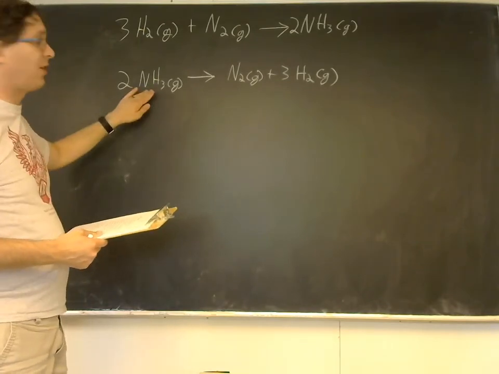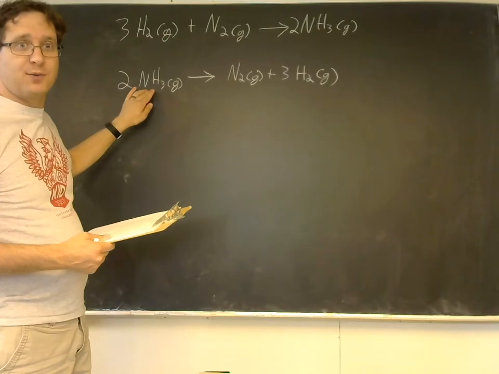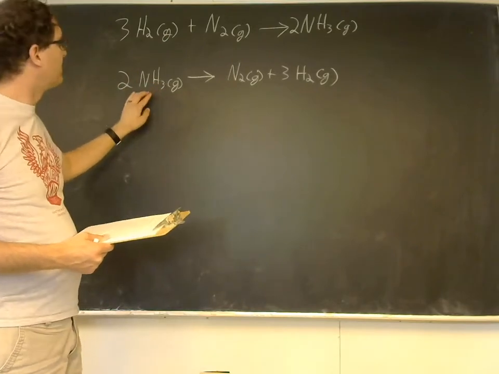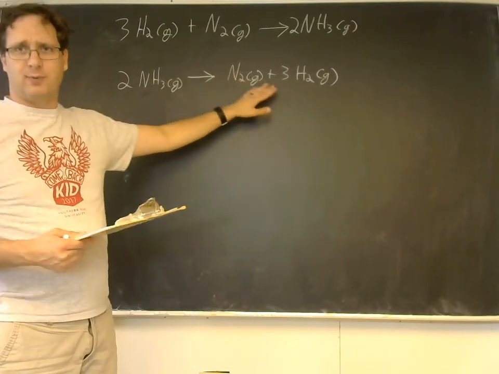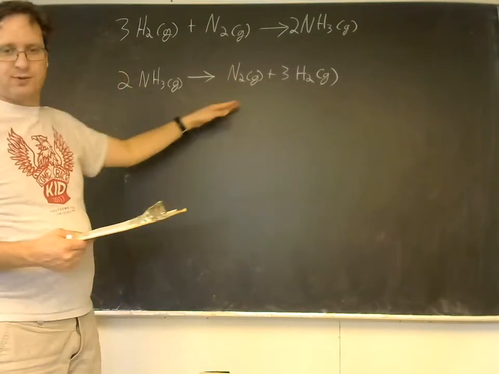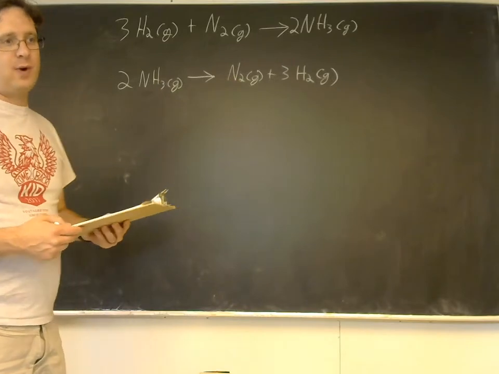Now similarly, we can consider the rate of this second reaction. If we start with a lot of ammonia, then that reaction rate will be fast. As that reactant gets consumed and we build up product, then the rate of this reaction will slow down as well.